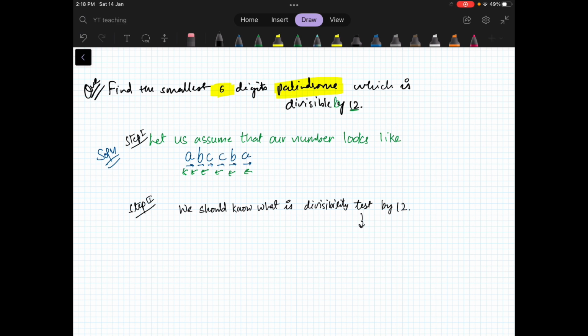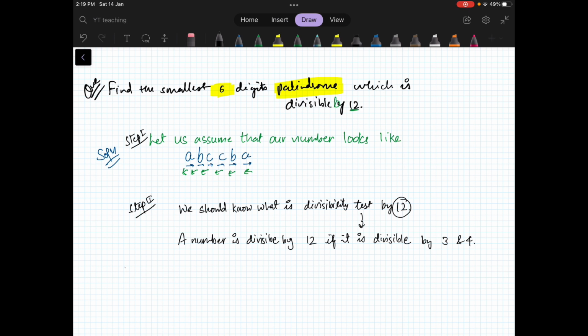A number is divisible by 12 if it is divisible by 3 and 4. So basically we want our number to be divisible by 3 and 4.